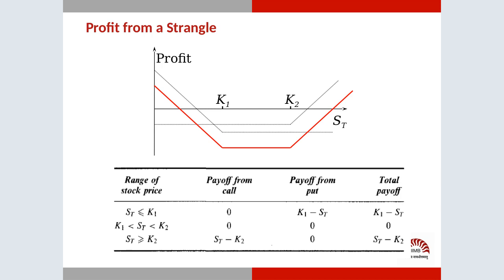So as long as the two options are not exercised, I am making a profit, which means that this line will get reflected on the x-axis. So your profit will be capped, but your losses could potentially be infinite. But that is the context when you are going for a short straddle or a short strangle.